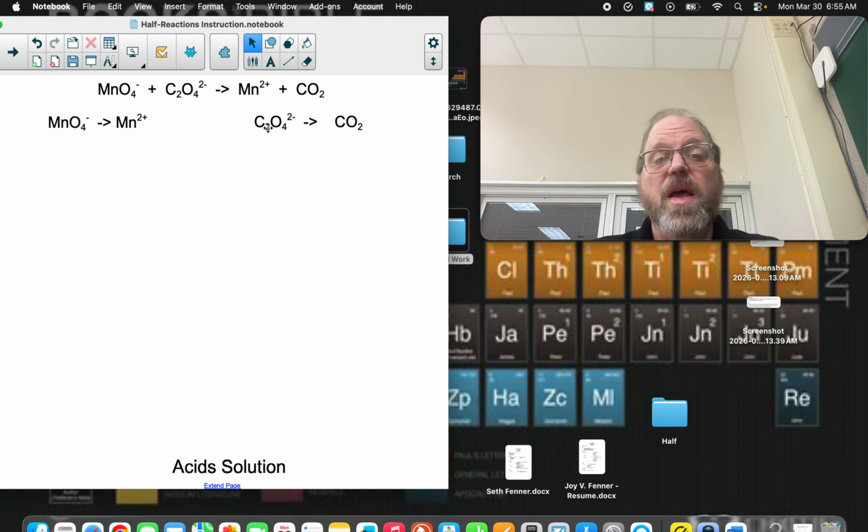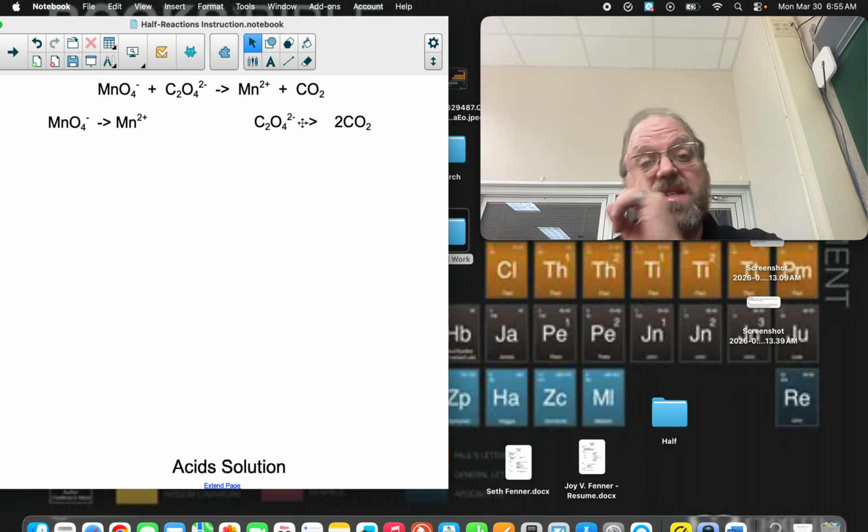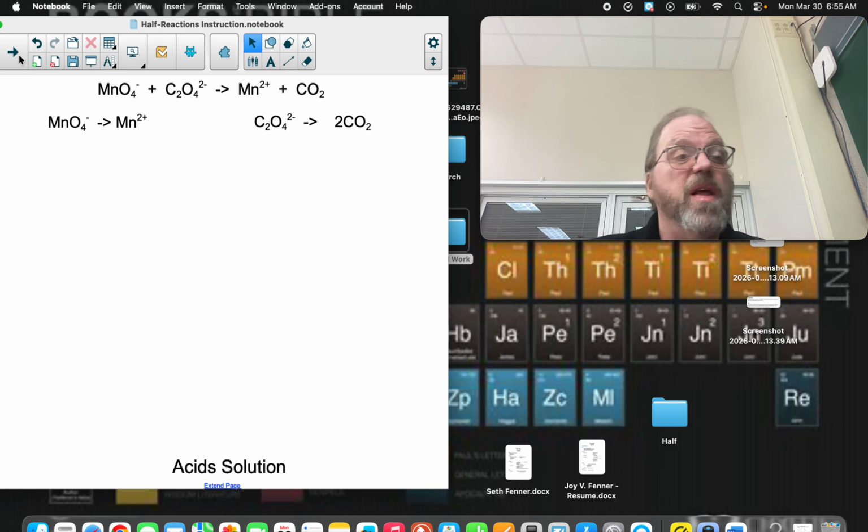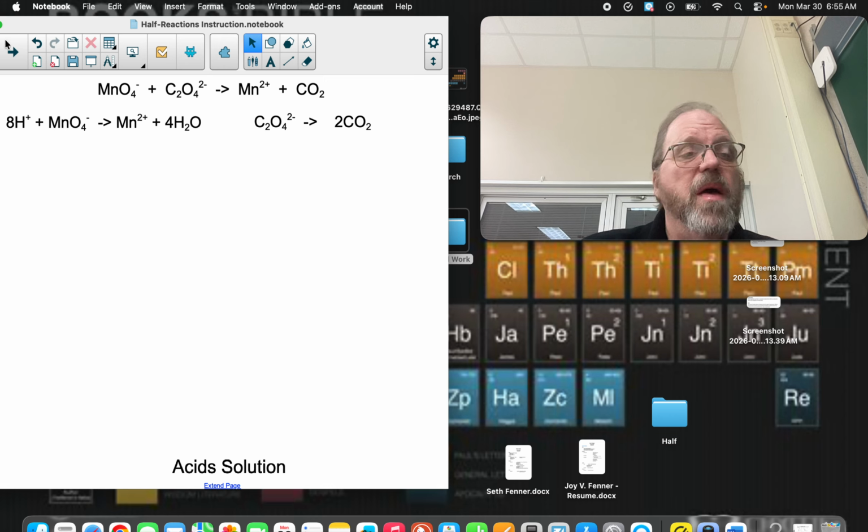Manganese is fine. Carbon, I have 2, I have 1, so I'm going to put a 2 here. And actually, on that side, it takes care of the oxygens, so that one's good. Going back over here, now we're going to take care of our oxygens. We're going to add water, so I'm going to have to add 4 waters to get my oxygens balanced. And then we have to do the hydrogens. Now I have 8 hydrogens, so 8 H+. Now let's take care of the charges.